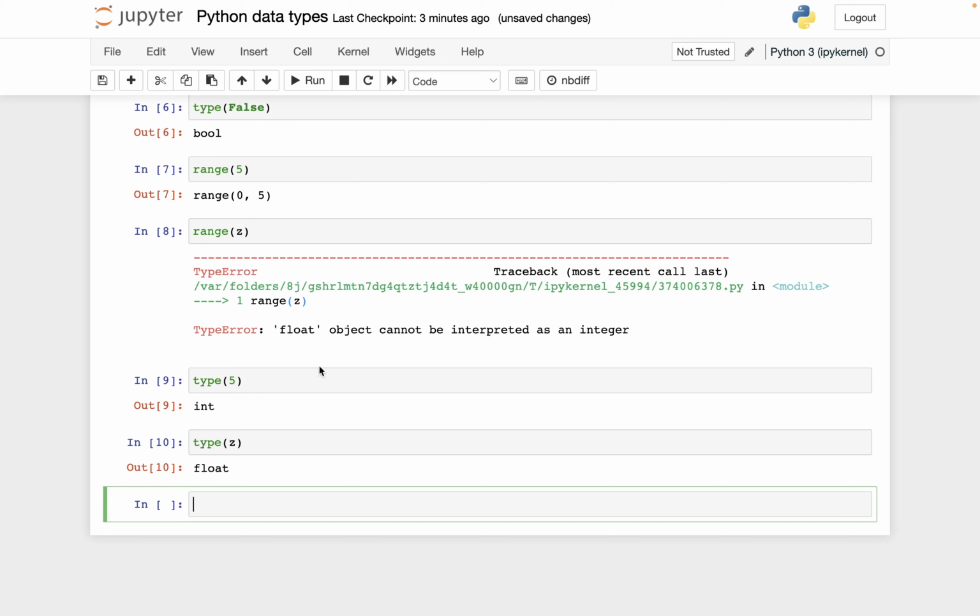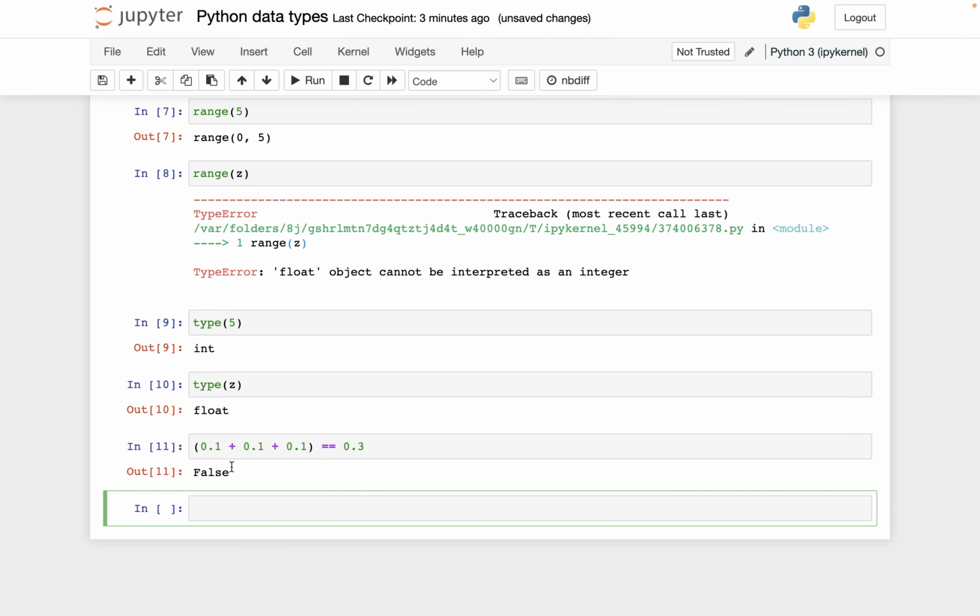And in general, you have to be very careful with floating point numbers. For example, what should this value be? 0.1 plus 0.1 plus 0.1. What should that be? Yeah, it should be 0.3. So let's check. Is that equal to 0.3? And here we get false.